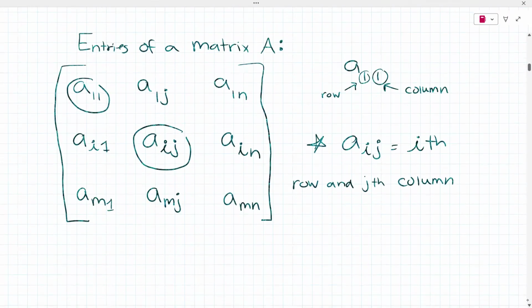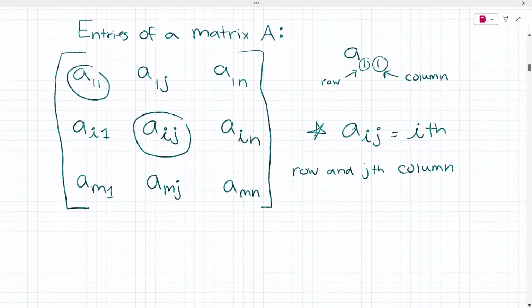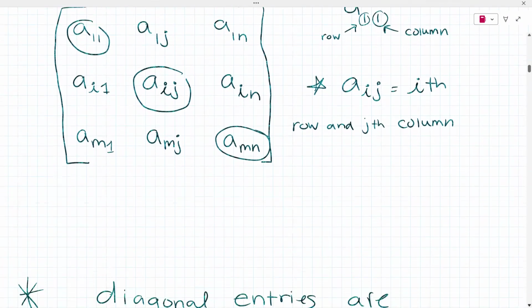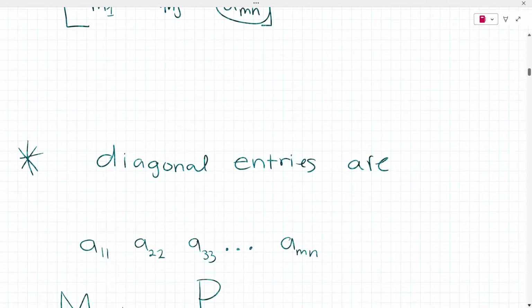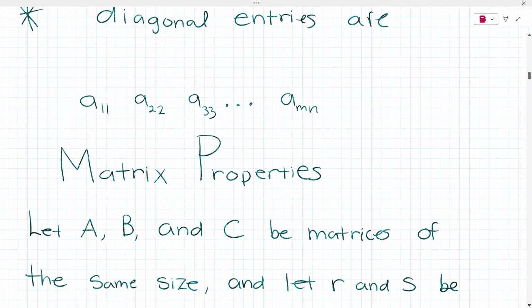Yes, that sounds about right, because here's A11, here's A22, and then the third one would be A33. So these would be your diagonal entries, not diagonal matrix.